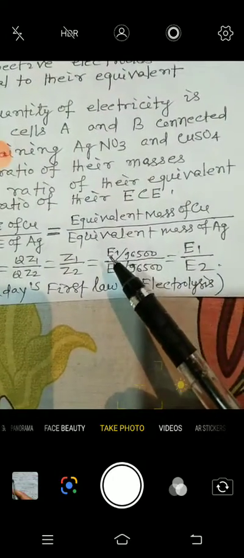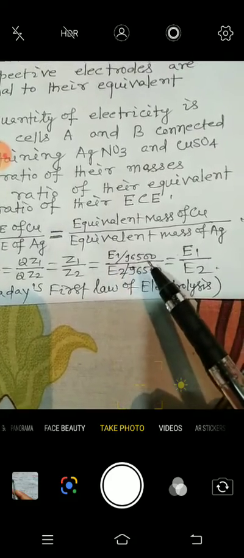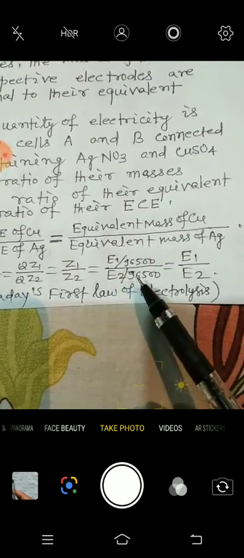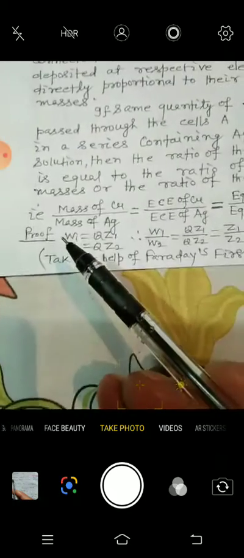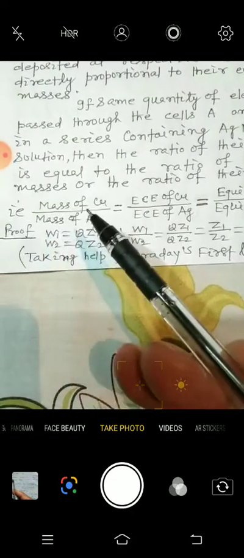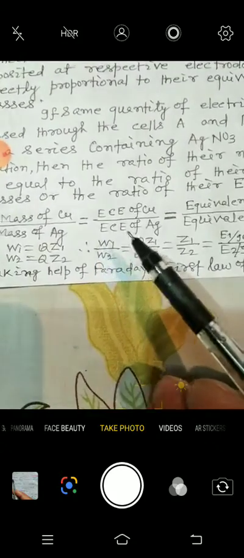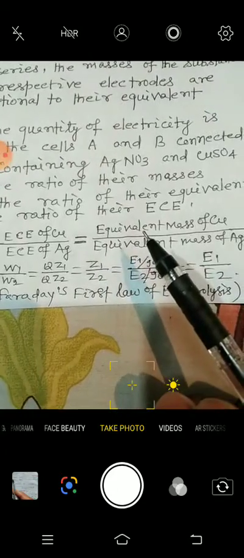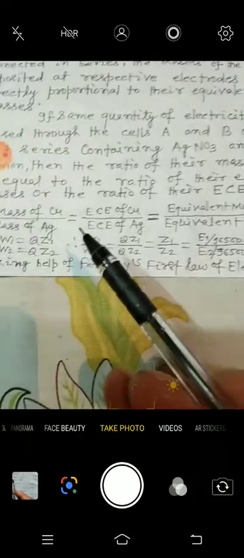You just learned the relation Z is equal to E by 96500, so E1 by 96500 over E2 by 96500 becomes E1 by E2. So mass of copper by mass of silver is equal to the electrochemical equivalent of copper by that of silver, which is equal to the equivalent mass of copper by the equivalent mass of silver.